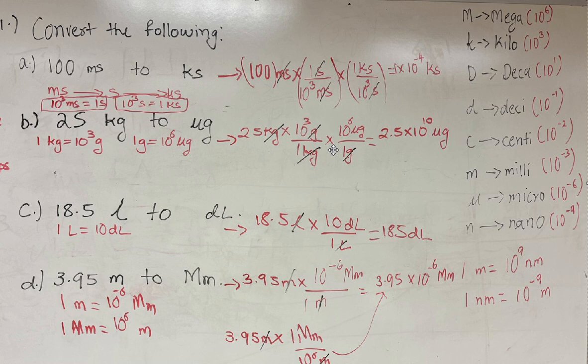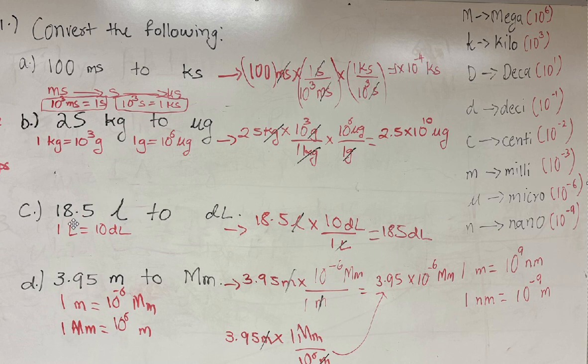Now, if it was metric to English or English to metric conversion, then one of them which is not a 1 in a relationship, like 1 inch equals 2.54 centimeters, there it was measured that 1 inch contains 2.54 centimeters, meaning that there is 3 sig figs there. In those cases, you need to be aware of sig figs even in the conversion factors themselves, but not here. And also notice in the first problem where we had 100 milliseconds, basically it's only 1 sig fig, and that's why we end up with 1 times 10 to the negative 4.